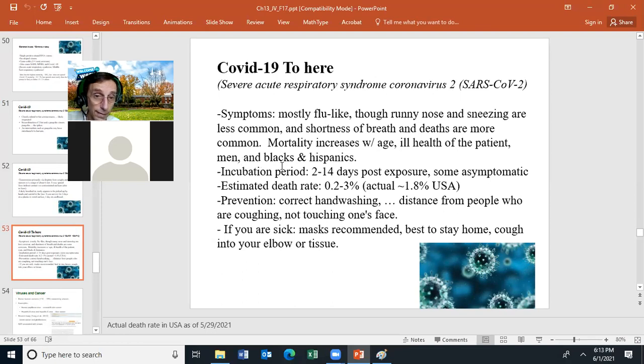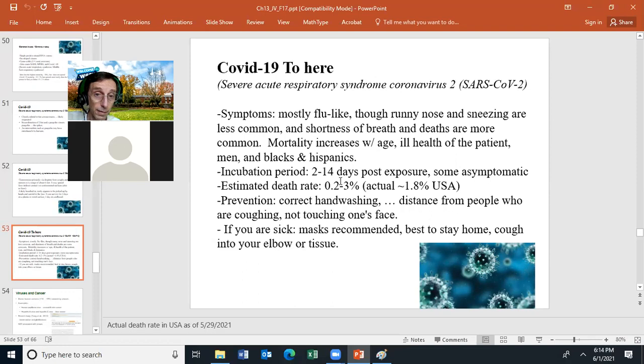And then for some reason, blacks and Hispanics have a higher mortality rate when they get infected with COVID-19. Any question about that? I don't know why, but in this country, it is very obvious that blacks and Hispanics have a higher death rate than whites and Asians.